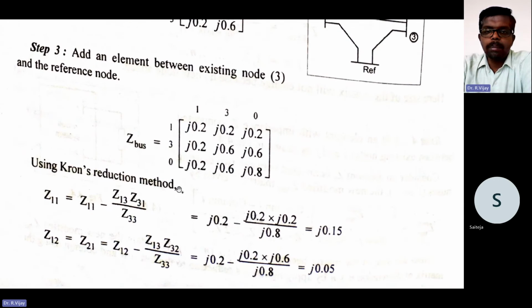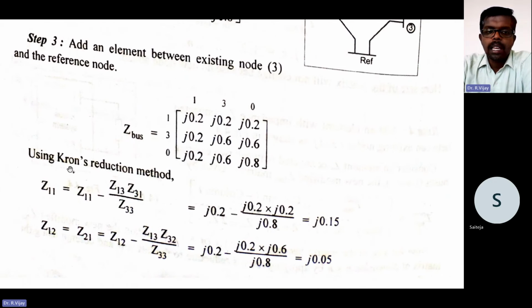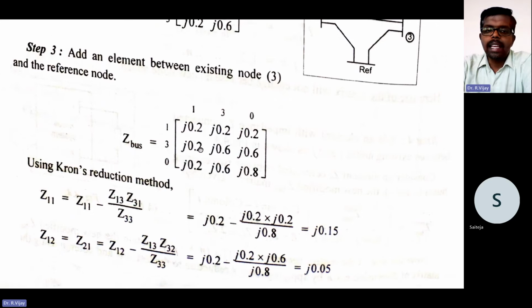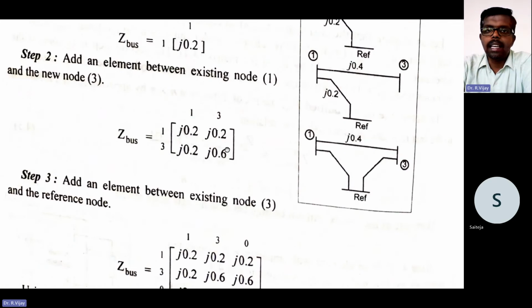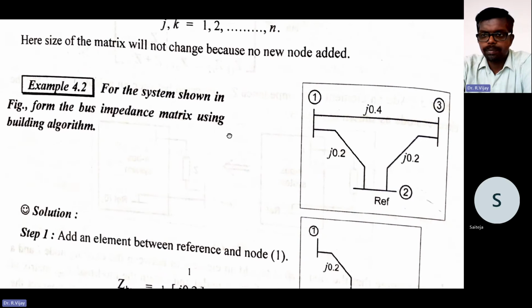So now by Kron's reduction method, what is the general formula that we have seen? The same thing you need to substitute here. So by substituting, Z11 is equal to Z11 minus Z13 into Z31 divided by Z33. Z of j, k is equal to Z of jk minus Z of j into n plus 1 into Z of n plus 1 into k divided by Z of n plus 1 into n plus 1.